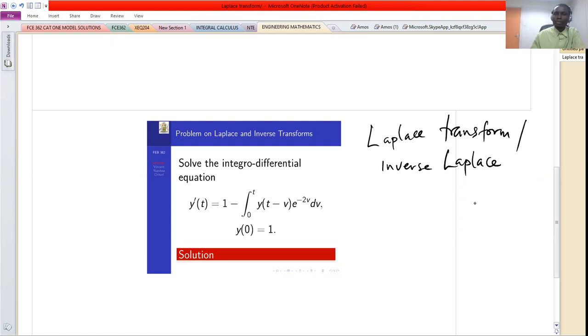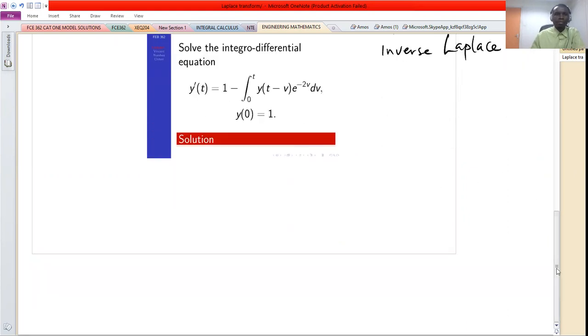Before we solve the problem, I'll briefly state what we mean by convolution.